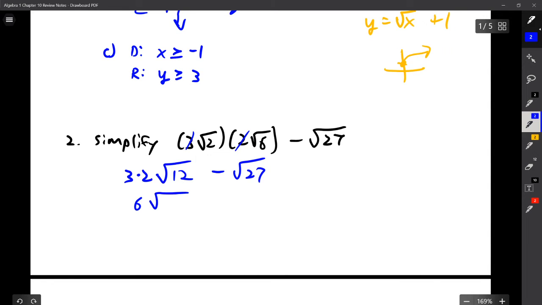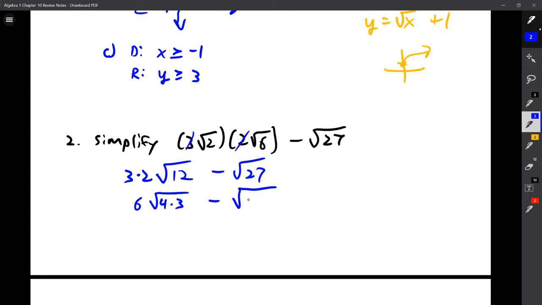Okay, root 12. Well, can I pull out something squared? Is there a 2 squared, 3 squared, 4 squared that is a factor of 12? Well, 12 is 4 times 3. And a 4 inside can become a 2 outside. And minus, same thing. Can I pull out something squared here?